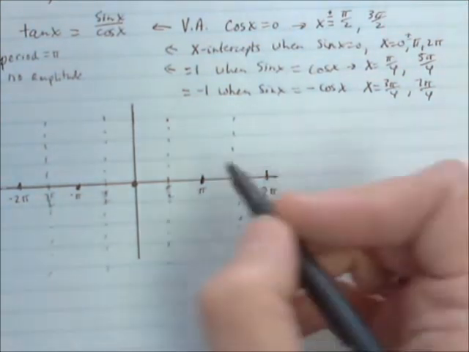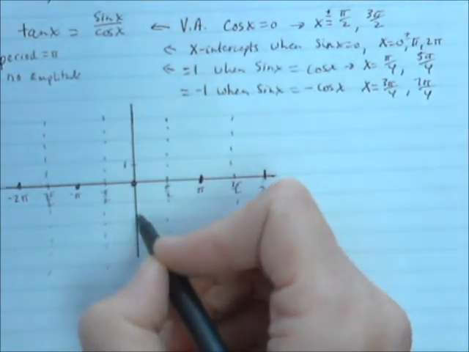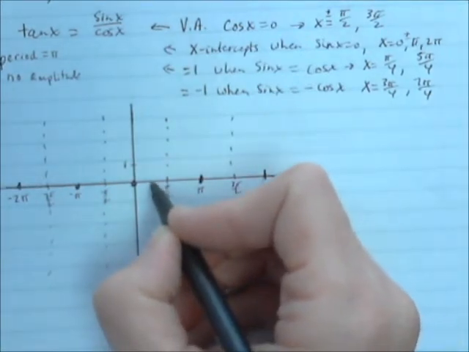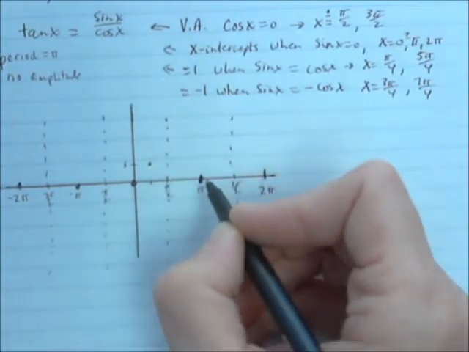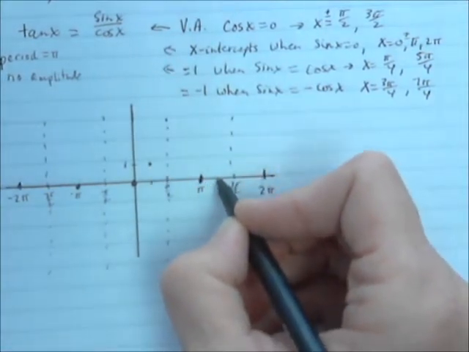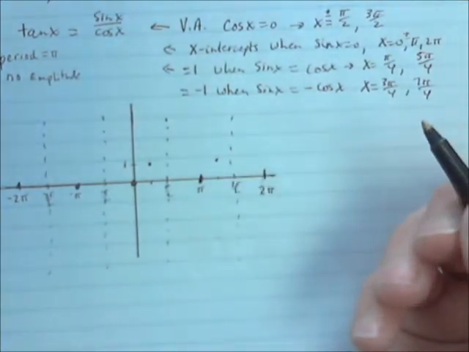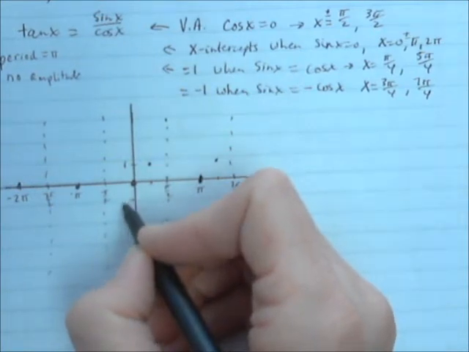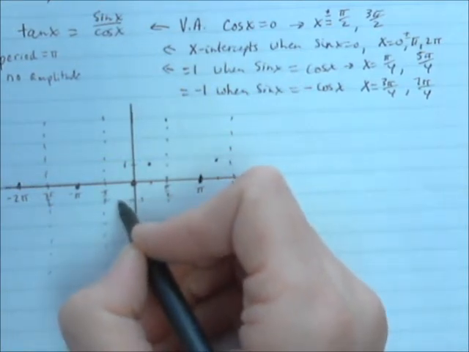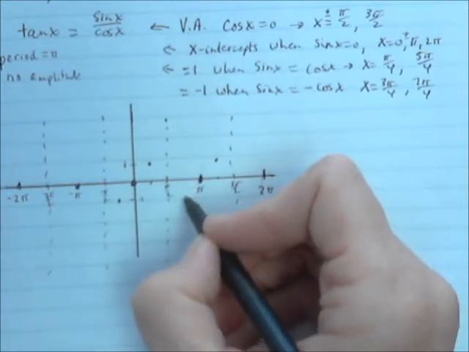And then the other important point is y equals 1 at x equals pi over 4, which is the halfway point here. So here's the 1, and here's 5 pi over 4, y equals 1 there. And then at negative pi over 4, it goes down to negative 1. And at 3 pi over 4, it goes down to negative 1.